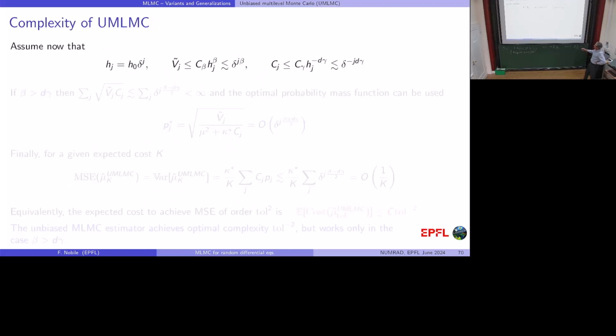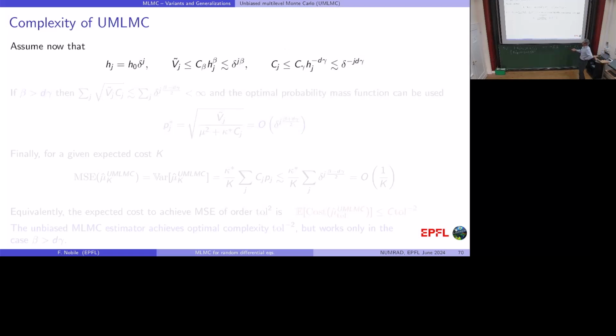Okay, so let's assume, as we did yesterday, that we use geometric sequences of refinements with a certain factor delta, that these V tilde, non-centered second moments, decay as some power beta of the mesh size hj to the beta, which means delta to the j beta, and that the cost increases at some negative power of hj, so hj to the minus d gamma, which will be delta to the minus j d gamma.